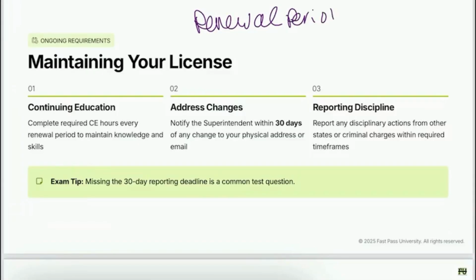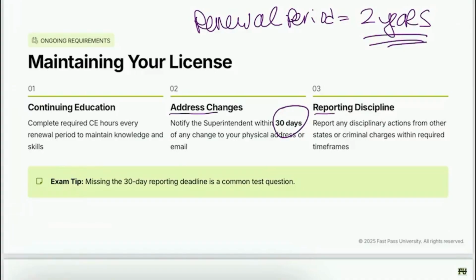And that you must complete your continuing education within those 2 years. The other very, very important number on this slide is the 30 days. So for any address changes or disciplinary actions, you must notify the superintendent, which is just the head of the Department of Insurance in New York, within 30 days of any change to your physical address or email address or name.